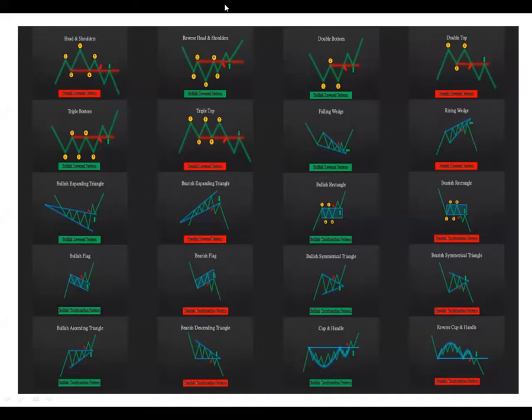How can I do that? Because these are the chart patterns. There may even be others that maybe I might have not heard of, but these are the most important ones. So the question is, are you going to keep all of this in your head?